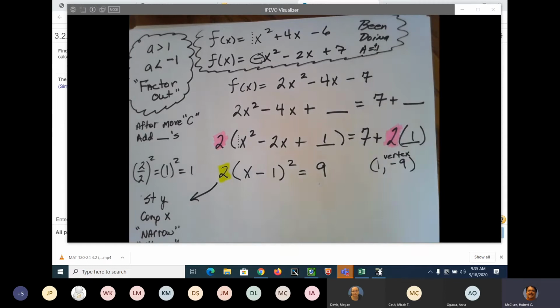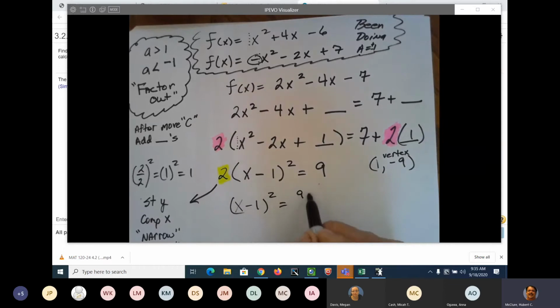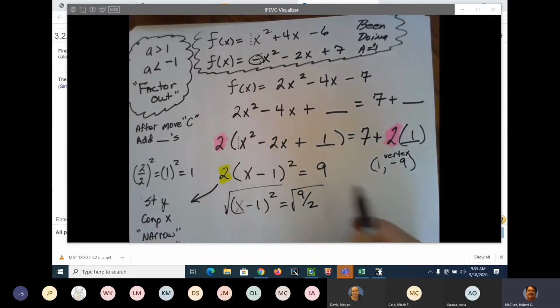Now we're going to solve. Divide by 2: (x minus 1) quantity squared is equal to 9 halves. Take the square root of both sides. And that's going to give me x minus 1 is equal to 3 over the square root of 2. And square root of 2 times square root of 2 is going to be 3 square root of 2 over 2, because you rationalize the denominator.